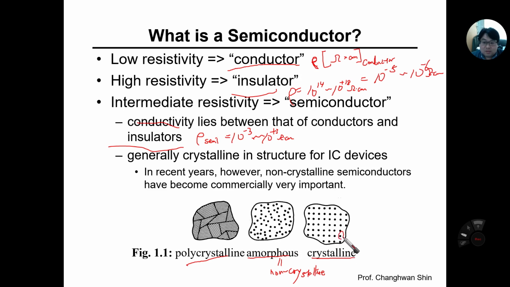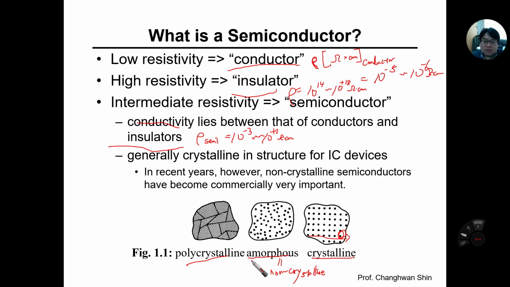Well, definitely this black color dot indicates a single atom. Okay, so this single atom or single dot is placed very regularly. Okay, under a certain rule, the silicon atoms are placed in a material.